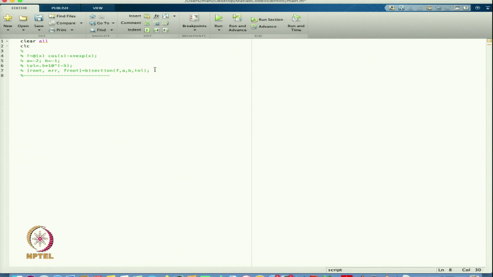So, in this case for the fixed point, let us define f. So, f I am taking x raised to power cube minus 2 star x minus 8.